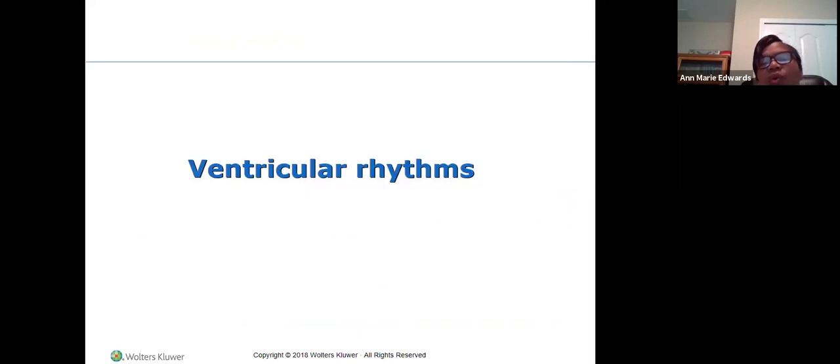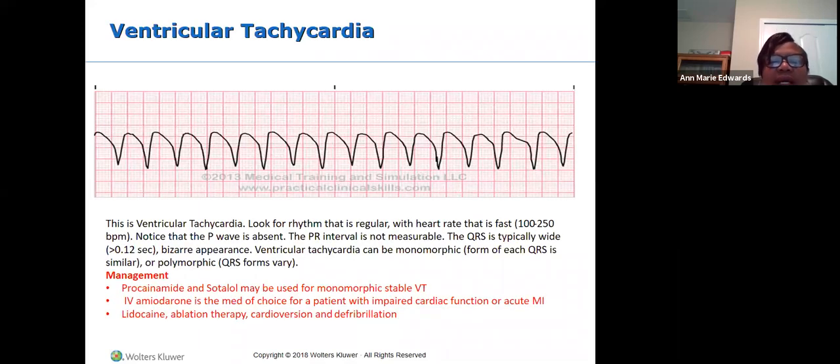We're going to look at our ventricular rhythms. First one we're looking at is our VTAC. Okay. And in VTAC, you look for a rhythm that is irregular with a heart rate that is fast, 100 to 250 beats per minute.